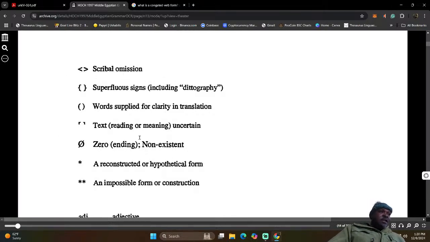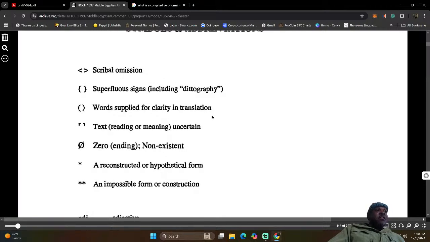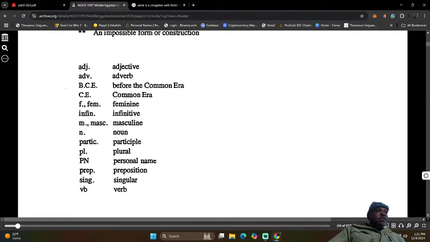And we can see all of these other things. Text reading or meaning is uncertain inside of those brackets. The words apply for clarity in translation right there. Superfluous signs that really didn't need to be there. Inscribable omissions. This is his system for this work. Obviously, you can see all of these too and understand just what every abbreviation is.